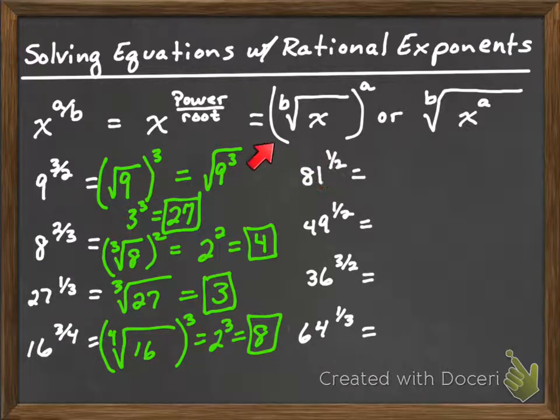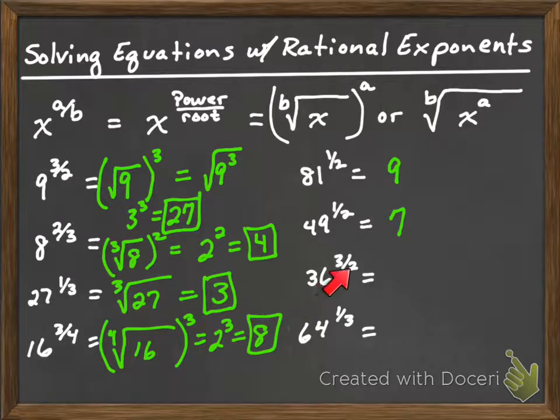Anytime you see a 1/2 power, what that means is the denominator is a 2, so that is a square root. And raising to the first power then means you're really just taking the square root. So the square root of 81 is 9. This means the square root of 49, which is 7.